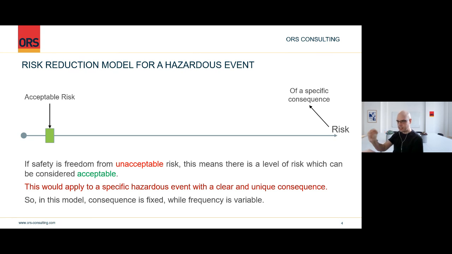As I said, in this model that we're going to follow, when you do SIL determination for safety instrumented functions, which are mostly preventative safeguards, the consequence is normally fixed, but we decrease the frequency of the event until we reach an acceptable risk.